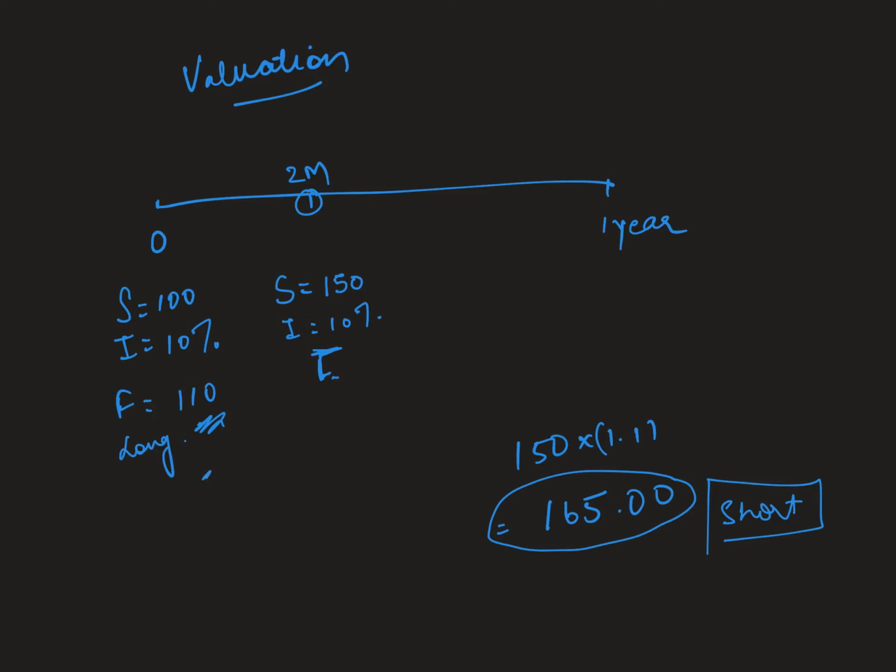So what happens after 1 year is that I have a long which is a right and obligation to buy at 110. I also have a right and obligation to sell at 165. Okay. Now my profit at this date is 55, but it is 1 year down the line. Since I'm asking for valuation at this date, I would want to discount it back with the same interest rate. So it would be 55 divided by 1.1 to the power of 10 months.